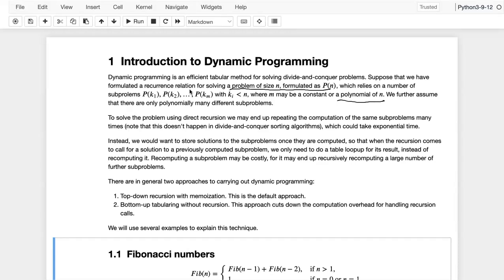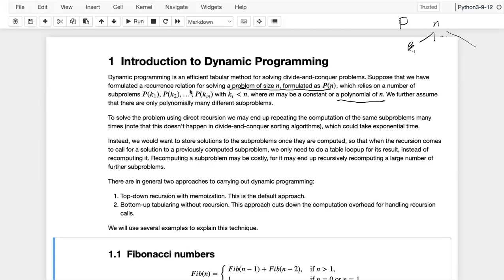Okay, so which means that if you look at this, this is my problem P, and the input size is n to begin with, and then in order to solve P of n, we're going to break the parameters into sub-parameters.